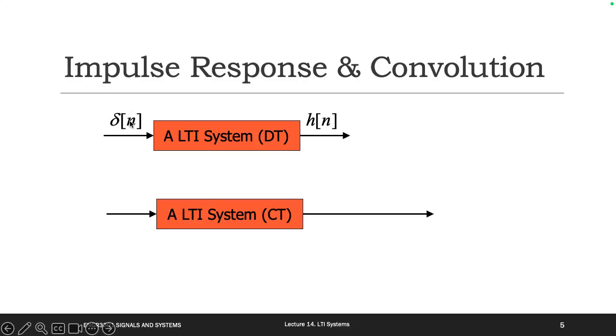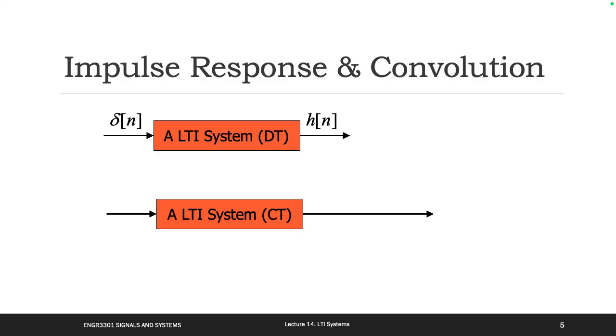So does h[n] have a specific form? Actually, I just want to tell you, h[n] doesn't have a specific form, because you can see delta[n] goes through this system, but this system may have many different forms.